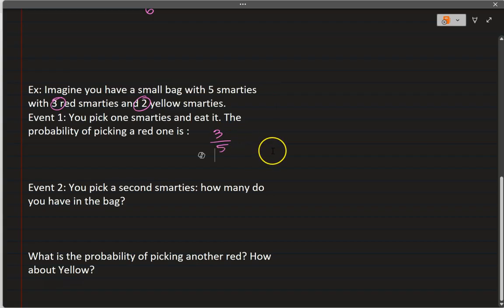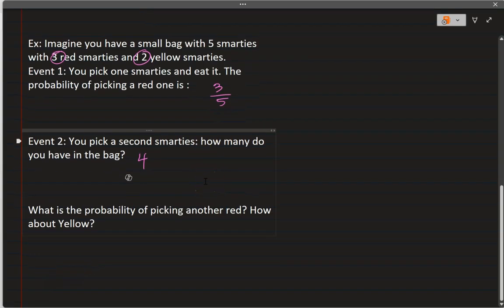It's done. Now the total number of Smarties in the bag is 4, regardless of what that Smartie was. Now you pick a second Smartie, and we have 4 in the bag because one we ate.